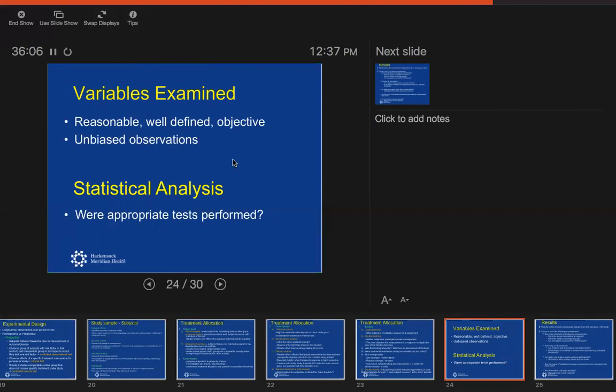For example, if you're looking at treatment of hypertension and the subject walks up a flight of steps, sits in the room, and then somebody in a white coat comes and takes their blood pressure right away, there may be an effect of white coat syndrome, of anxiety, and somebody who's not well conditioned from walking up the steps may be in a different condition than somebody who exercises a lot.